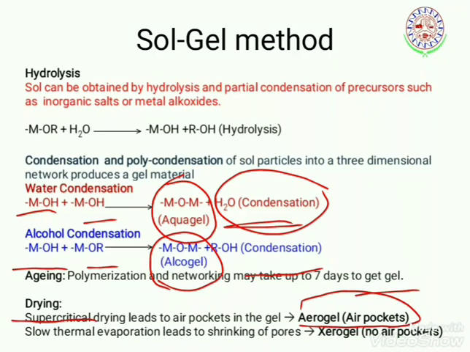Otherwise we can just keep it as it is. Thermal evaporation takes place at ambient temperatures, so shrinking of pores takes place. Then what you get is xerogel. Xerogel means there are no air pockets here.